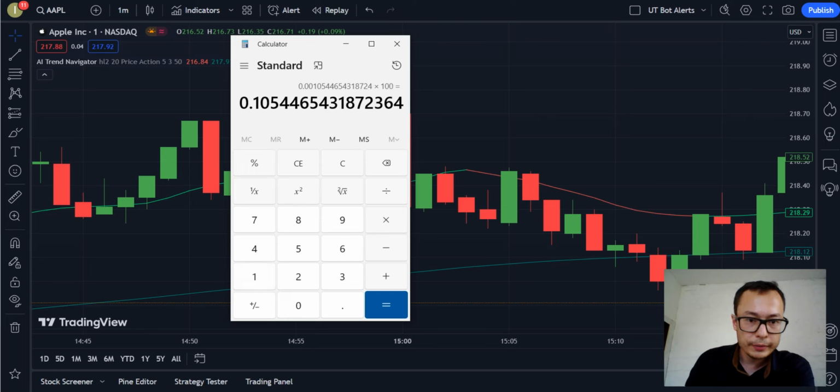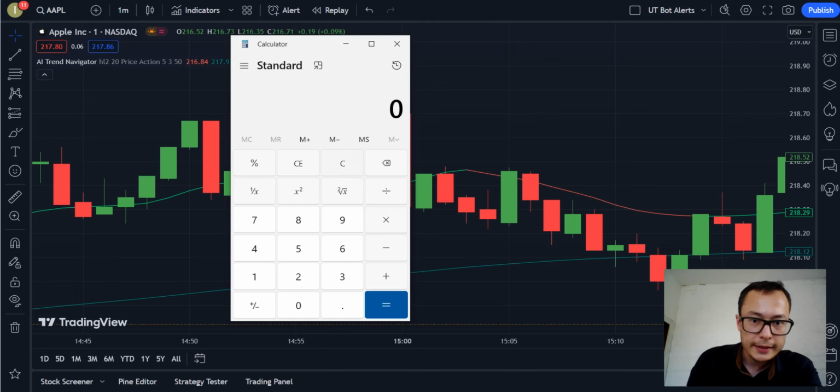So we would sell it at a profit of 0.1%, an increase in the price of the Apple stock by 0.1%. Or in dollar value, it is 23 cents, a profit of 23 cents. So now I'll clear this.